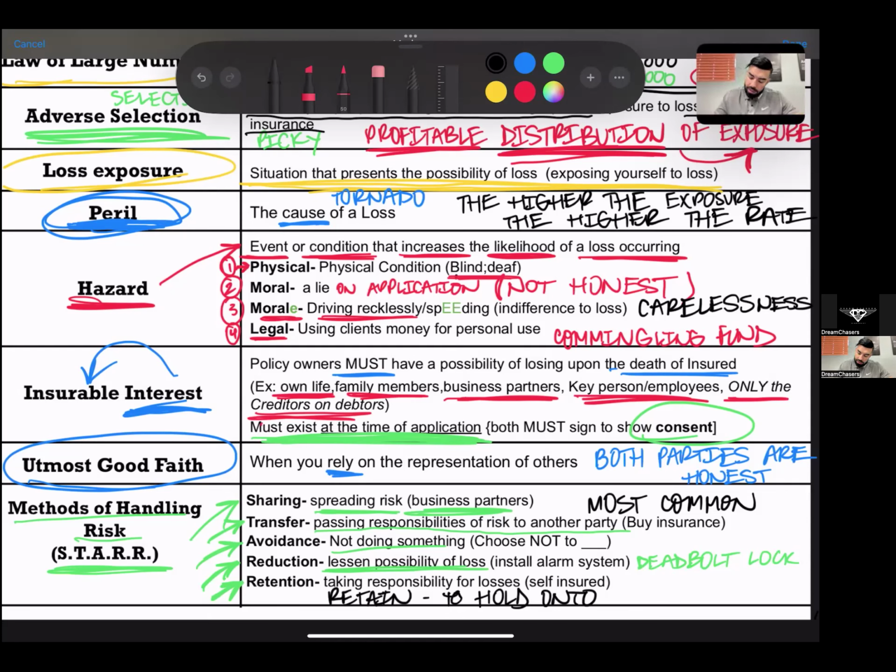So it will say A, deductible, B, copayment, C, self-insurance, or D, premium.